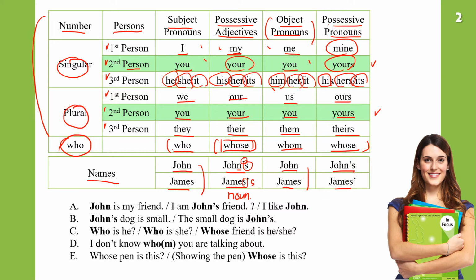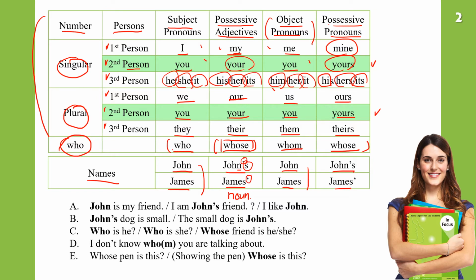You just put an apostrophe after the s. So it's just James'. Somebody says James's, but actually the pronunciation is the same. So when the word or name is ending with s, you just put an apostrophe.